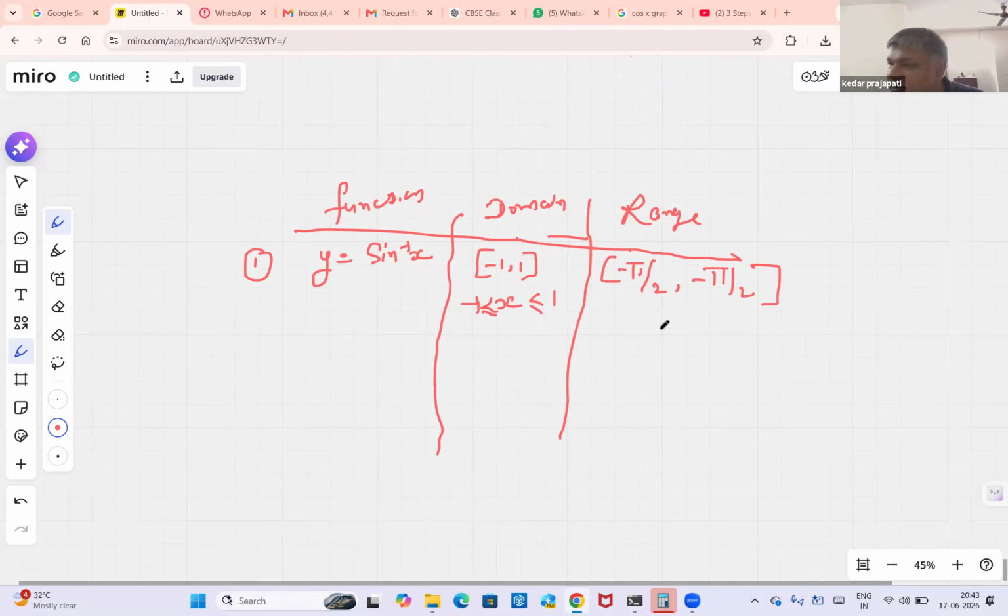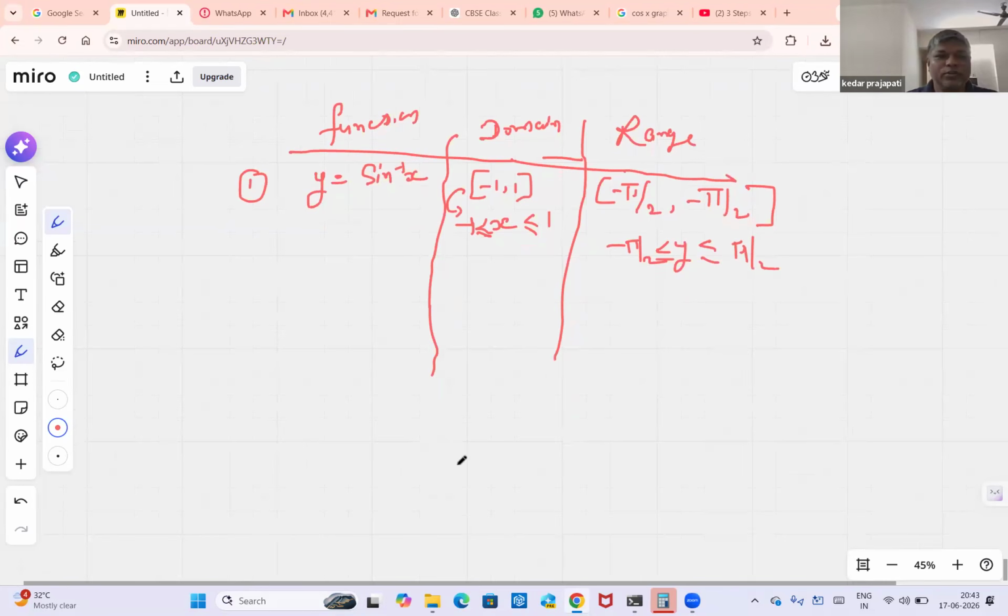The range will be y between minus pi by 2 and plus pi by 2. Sometimes they give it this way, but for your purpose, remember this. Both are the same.